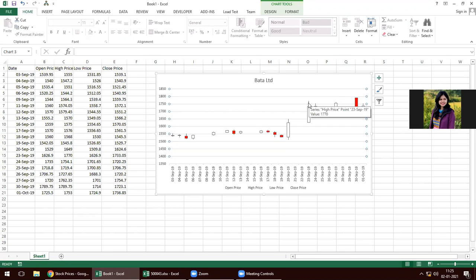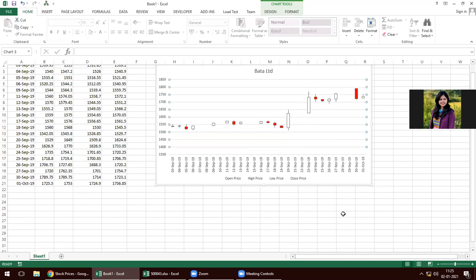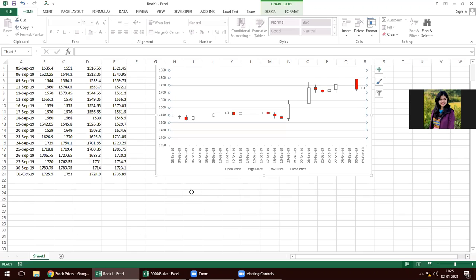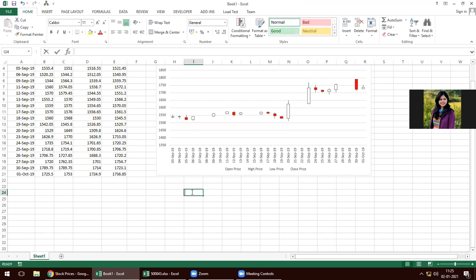Even the low price is 1,626.9. So on this day, there is a good bullish trend. So when you are interpreting that, try to find out clearly when there is a bullish trend. So under this graph, what you have to write? Bullish trend.